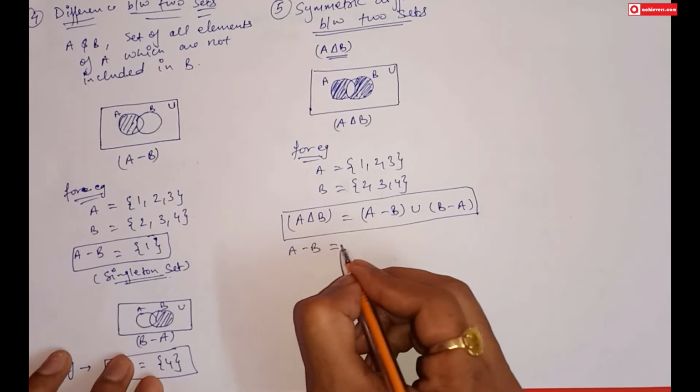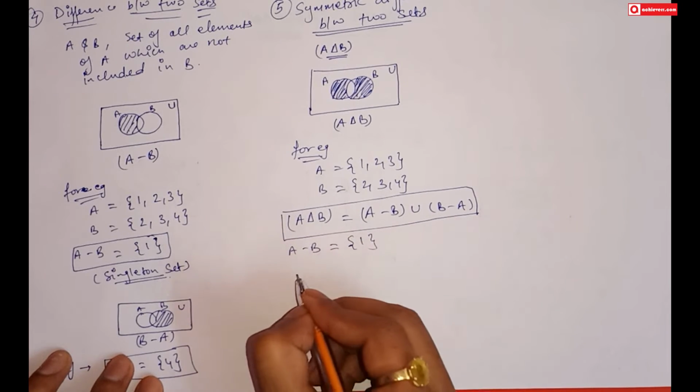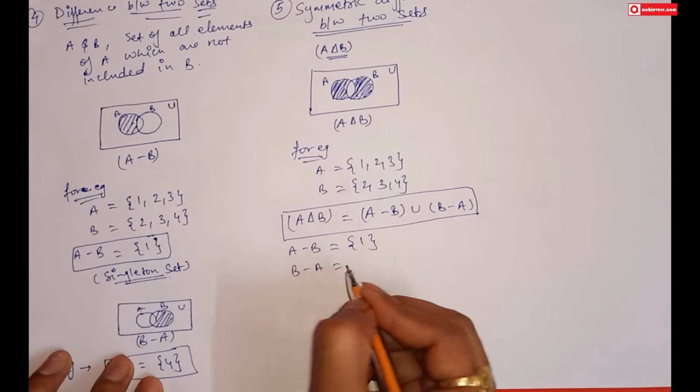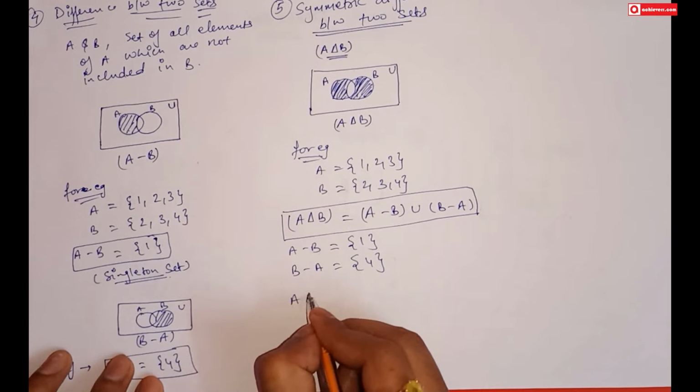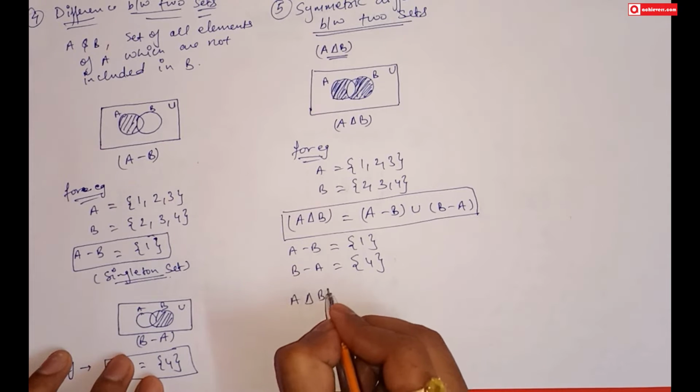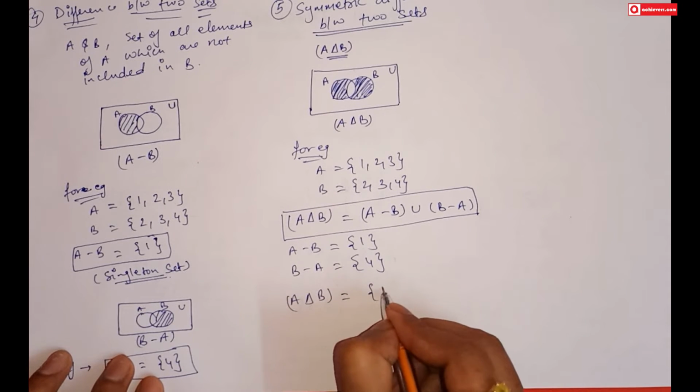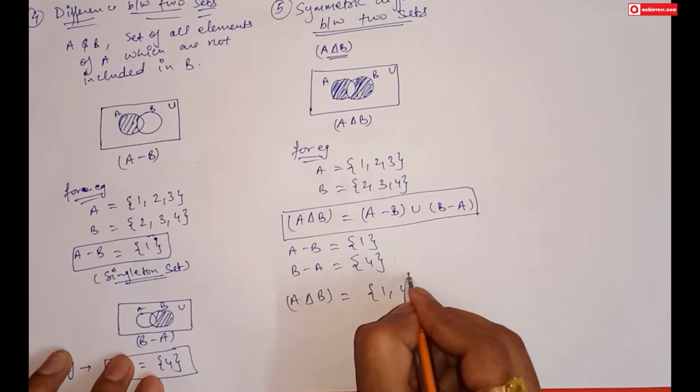A minus B will be 1. And what is B minus A? B minus A will be 4. So A symmetric difference B will be 1, 4.